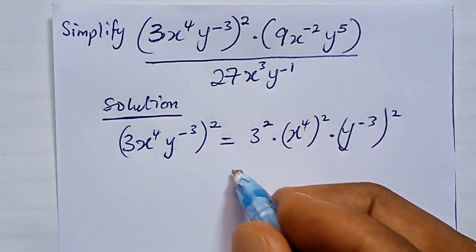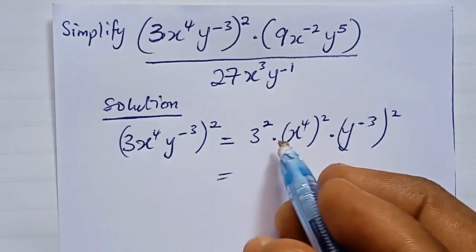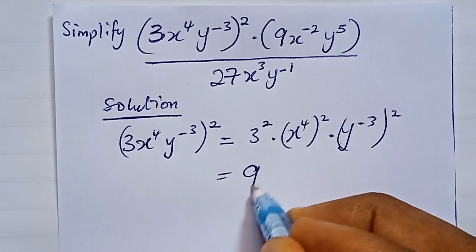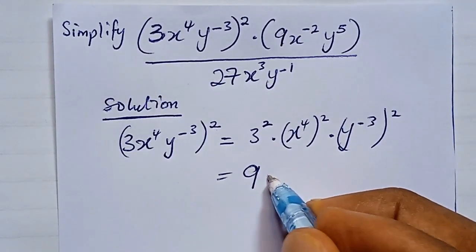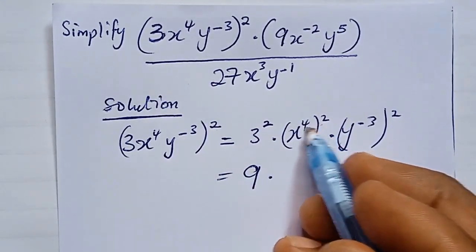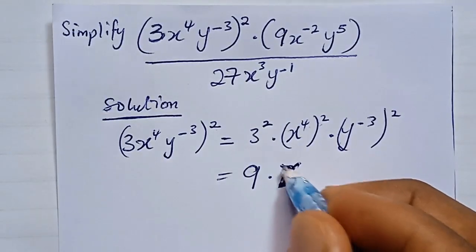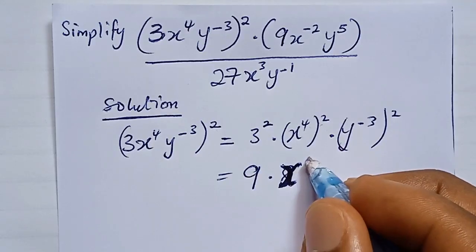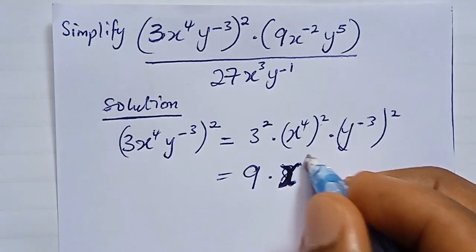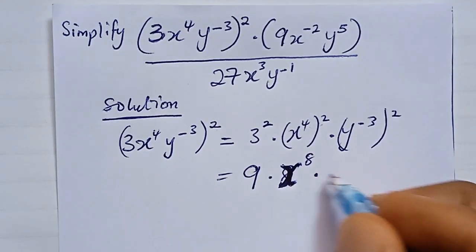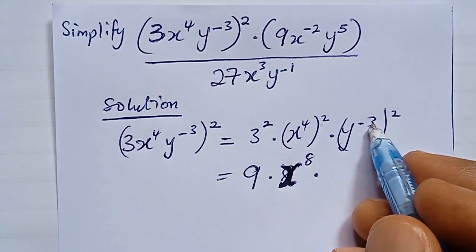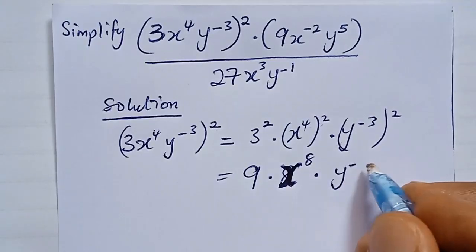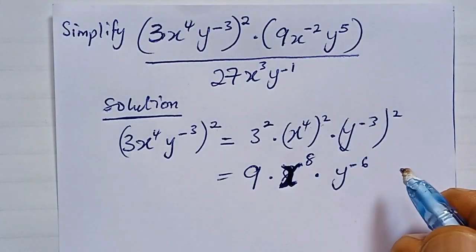So 3^2 will give us 9, multiplied by x^8, and y^-6.